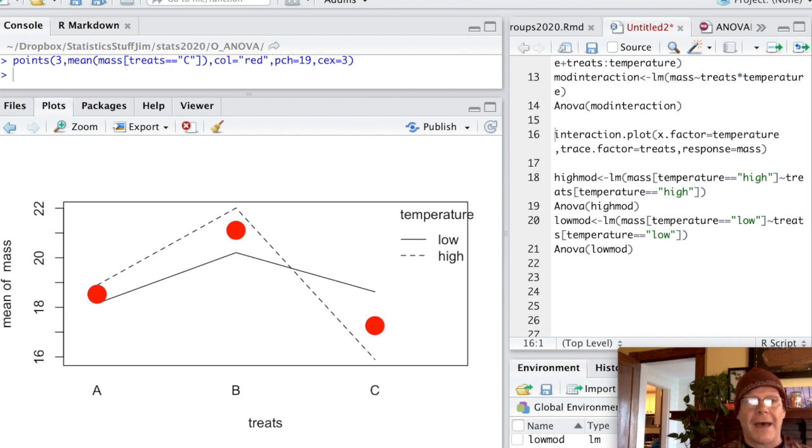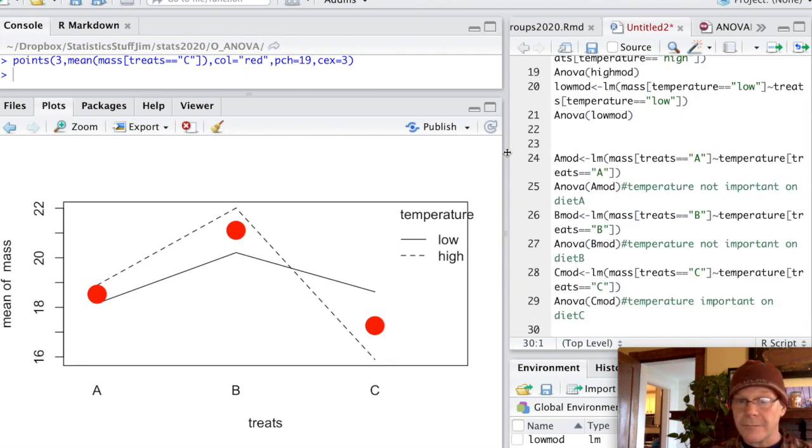And once we have that, we might now want to separate out a model where we're going to do one for each treatment to see whether or not temperature actually matters. I've already done that, so I will cut and paste it into our little window of discovery here.